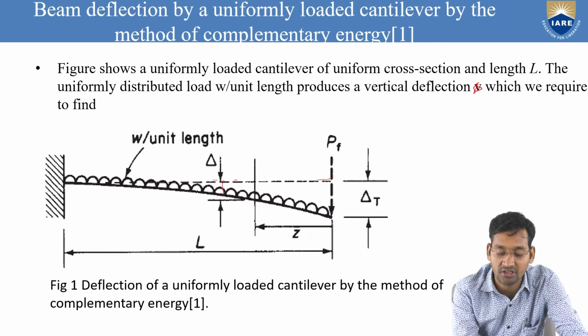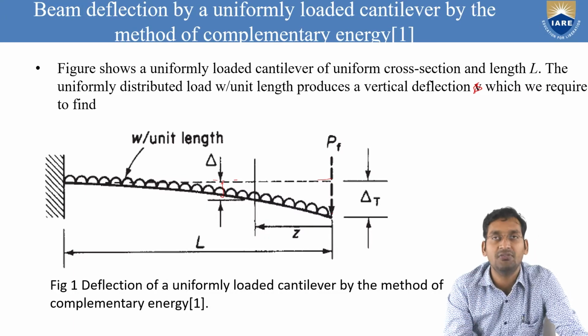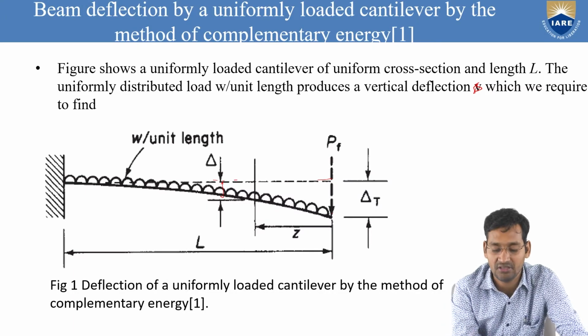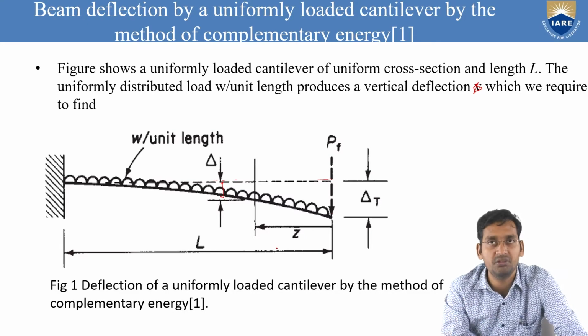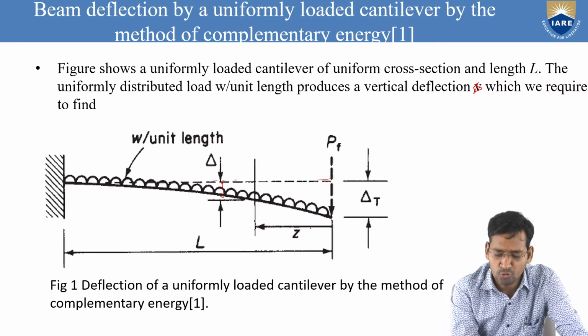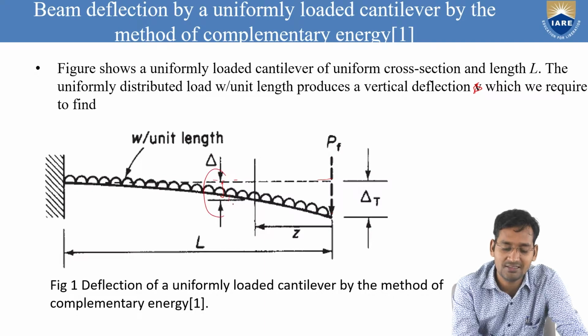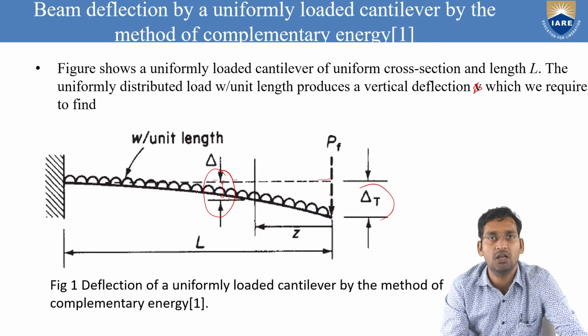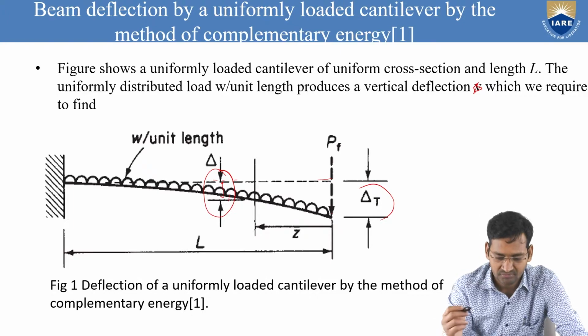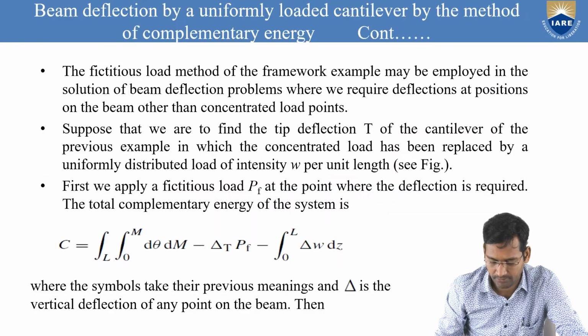How much deflection is there at this distance? The total length of the beam is L. Once we find this deflection, we can integrate from 0 to L and get the total deflection. So this delta T is the total deflection, that we have to find.